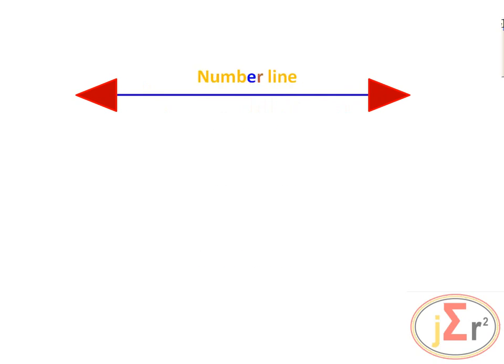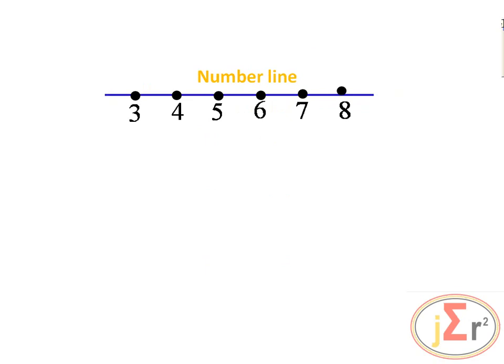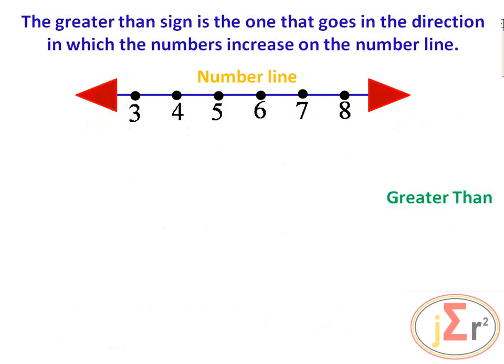That's your number line, and we are throwing in a few numbers, and we are also throwing in your less than sign and your greater than sign. The greater than sign is the one that goes in the direction in which the numbers increase on the number line.